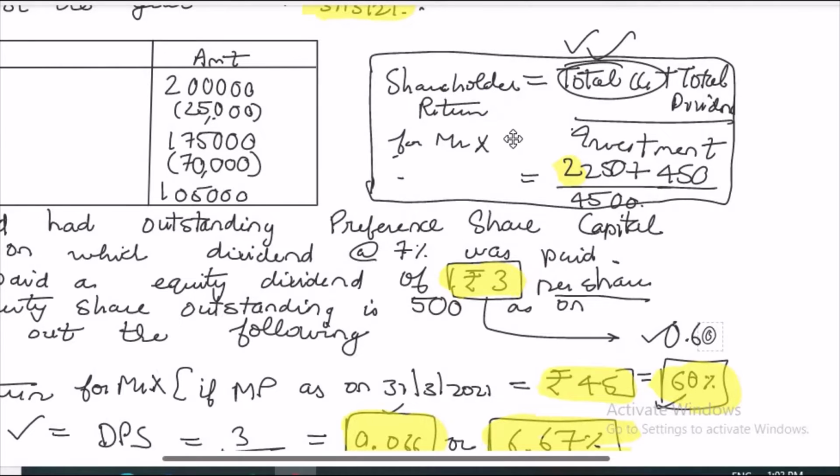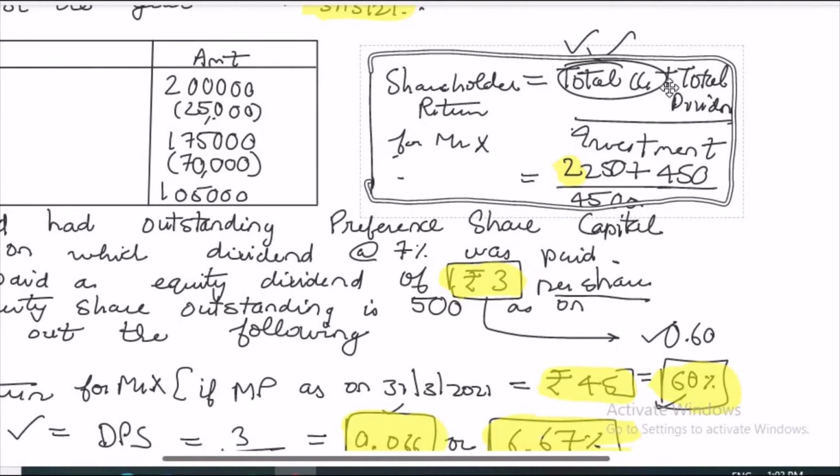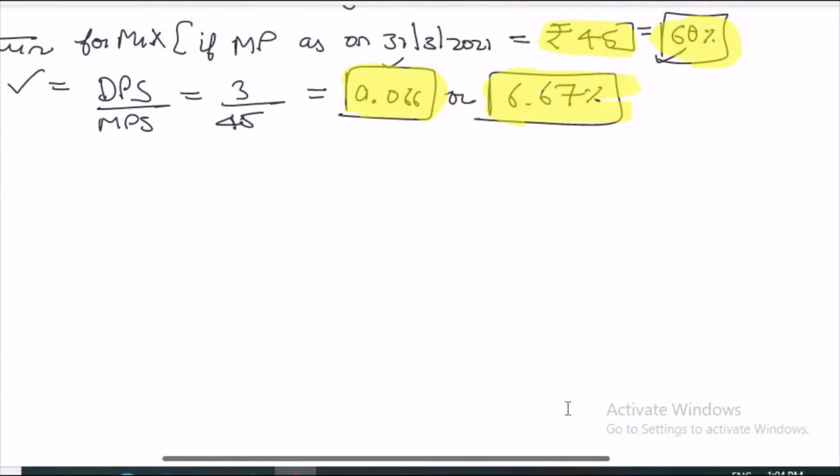Shareholders return for X is total capital gains plus total dividend upon investment. So 2250 is the total capital gain plus 450 is the total dividend, and upon 4,500 is the investment.